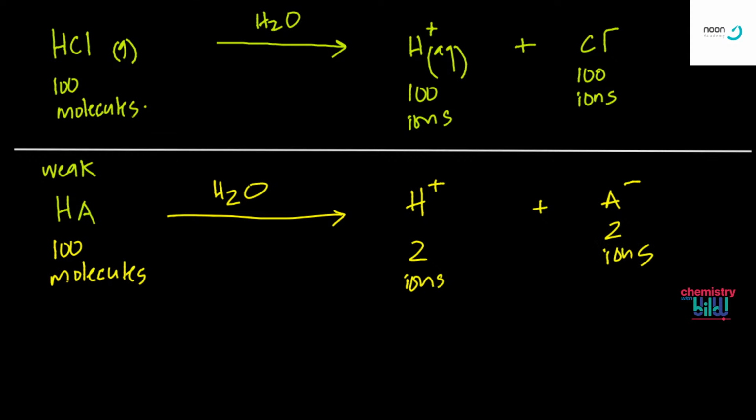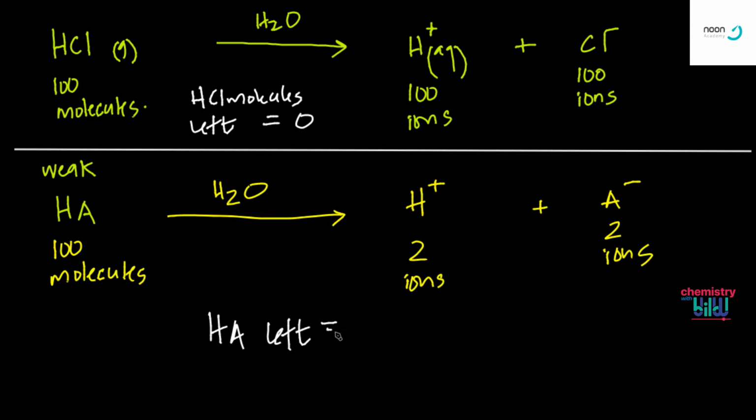Now, in the above case, in the HCl's case, how many HCl molecules left? 0. In this particular case, after ionization, number of HA left would be 98, not 96, 98, because 1 HA became 1 H plus and 1 A minus, na?